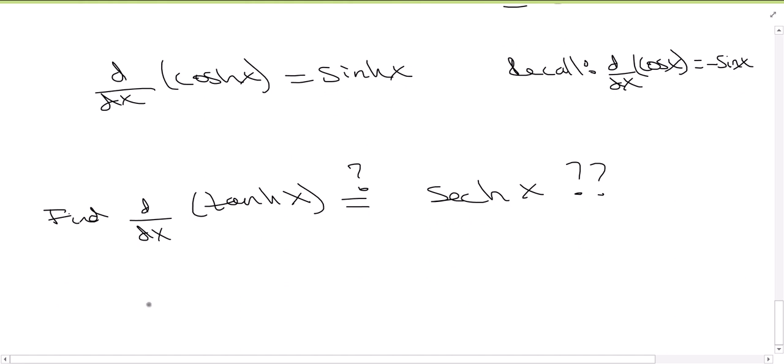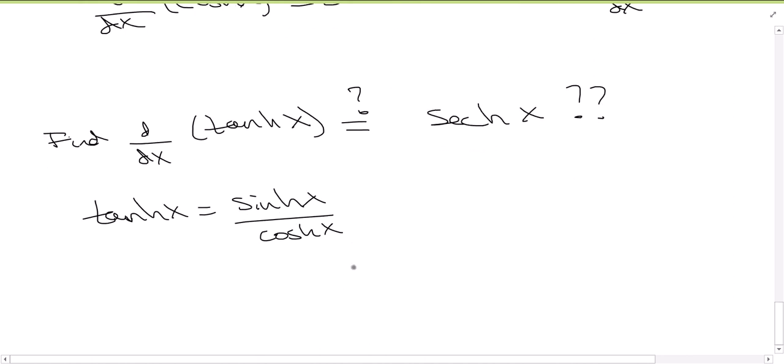We can use the definition. I know that hyperbolic tangent of x is sinh over cosh. Or you can use the other definition, the e to the x minus e to the minus x divided by e to the x plus e to the minus x, but we might as well just use this one. So this is what we know about hyperbolic tangent.